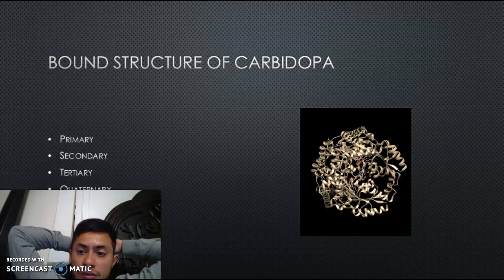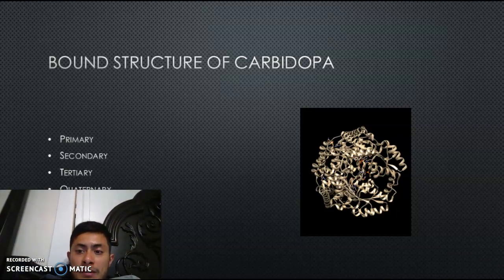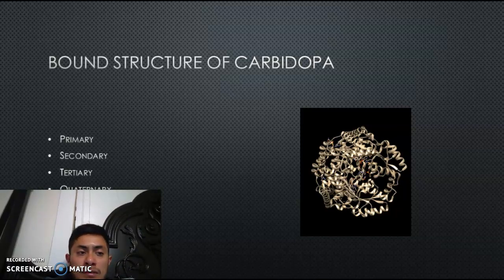Each polypeptide chain of dopa decarboxylase is composed of 7-stranded mixed beta sheets, 4-stranded anti-parallel beta sheets, and several alpha helices, among other lesser-known structures.